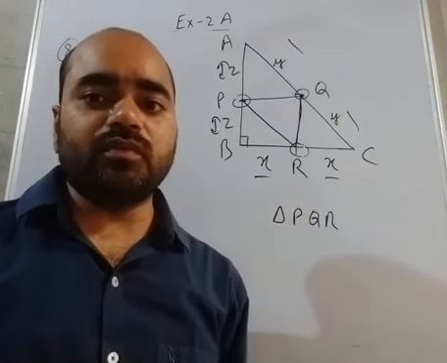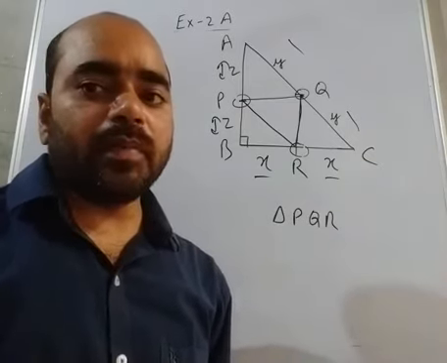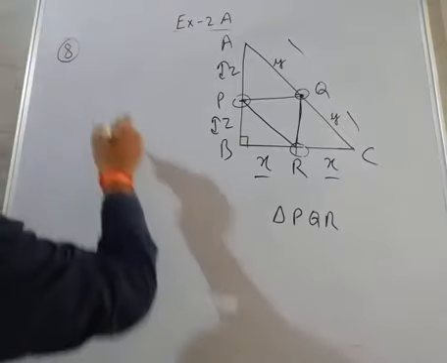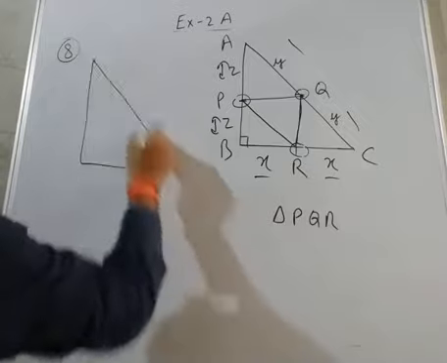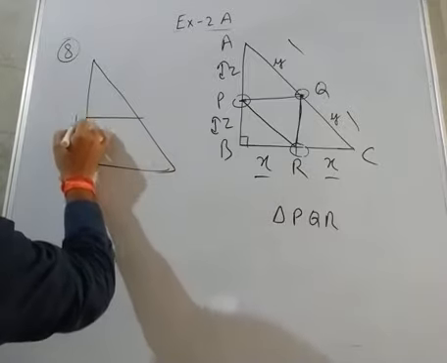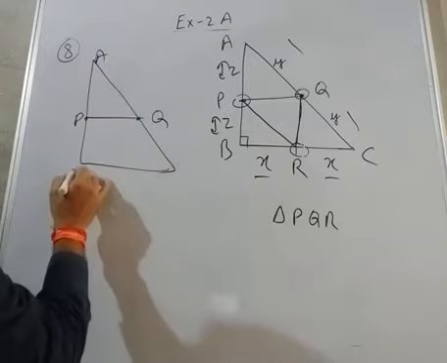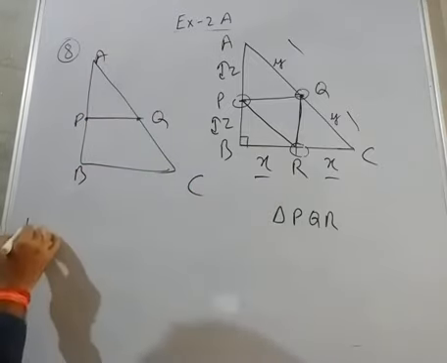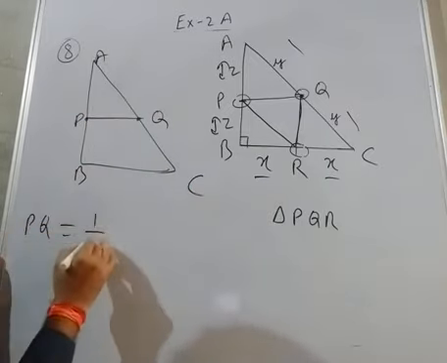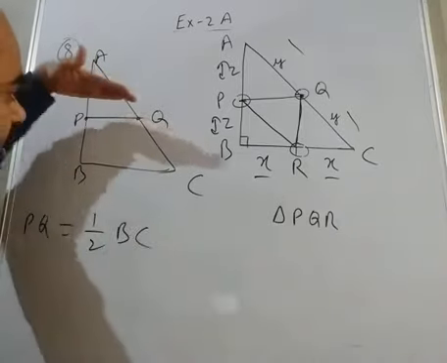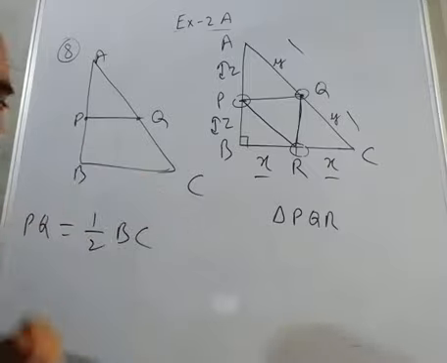We have to prove this. First we have to apply the midpoint theorem. In the triangle, P and Q are the midpoints. It means PQ will be half of BC. Joining the midpoints gives half of the opposite side, that is BC.